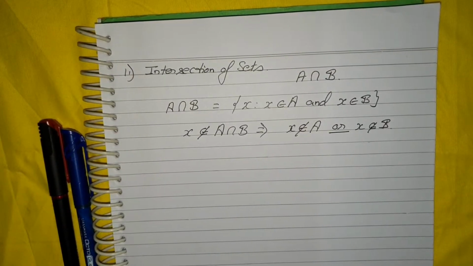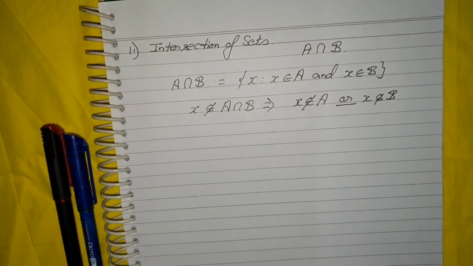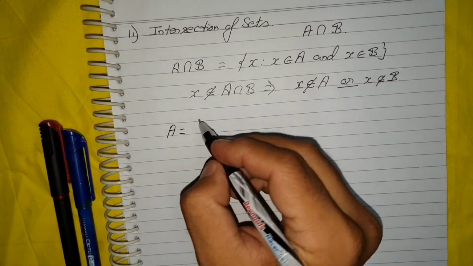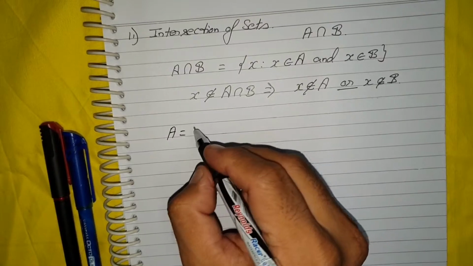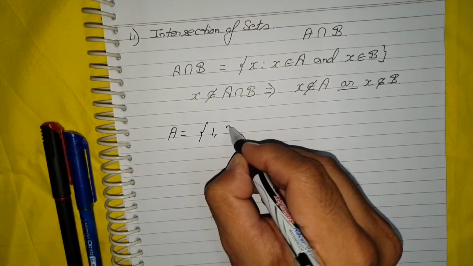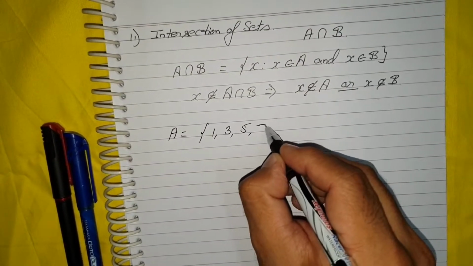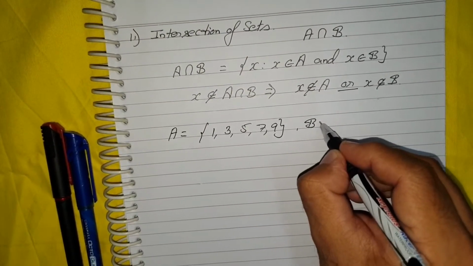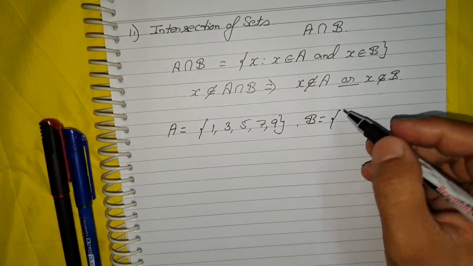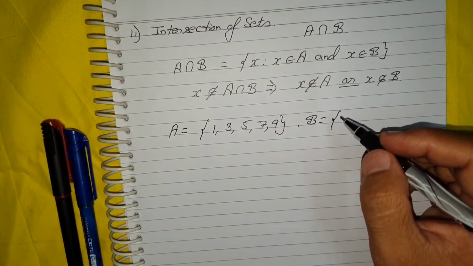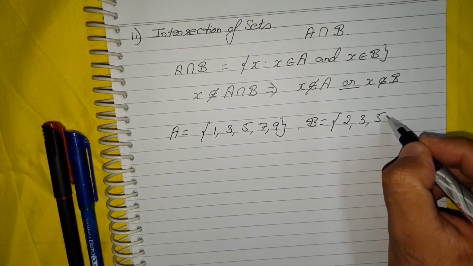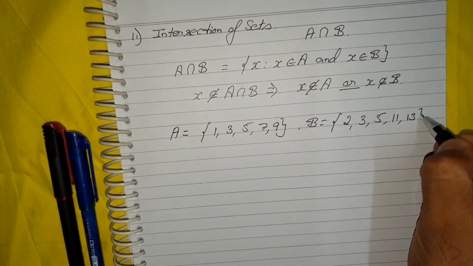Let's take an example. Take set A as 1, 3, 5, 7, 9, and set B as 2, 3, 5, 11, 13.